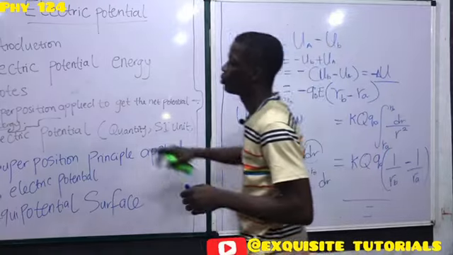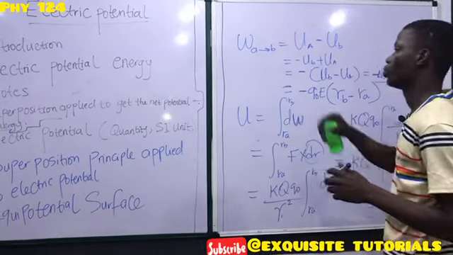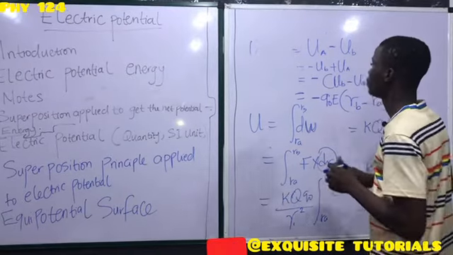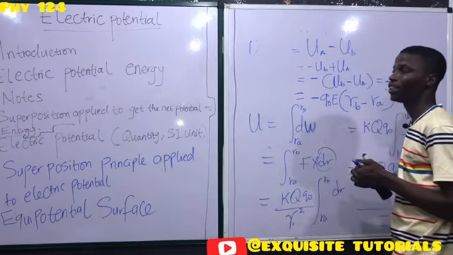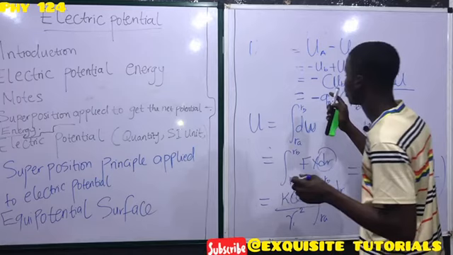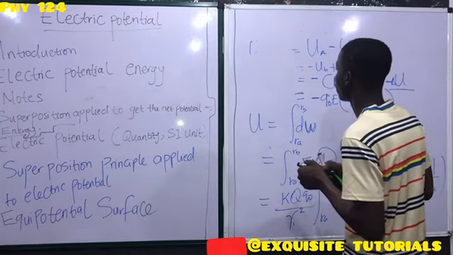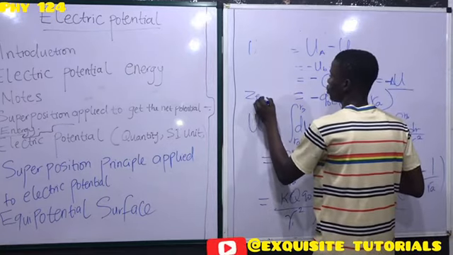Then several things are expected to be noted when it comes to electric potential energy: the electric force is conservative, in the sense that the electric potential at a point at any closest instant is equal to 0.